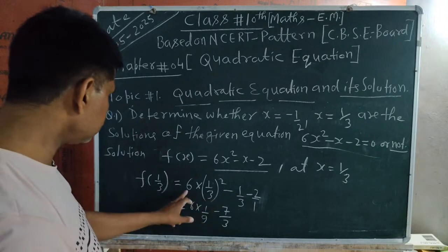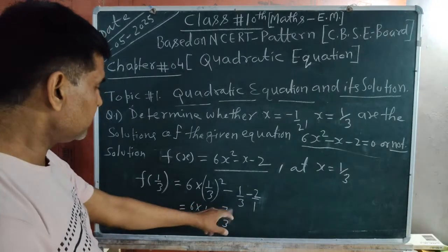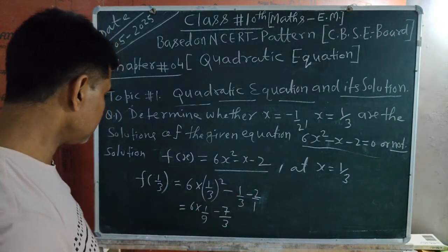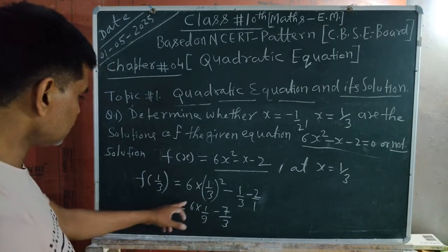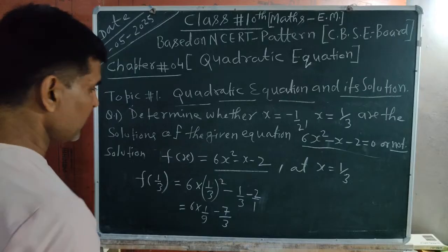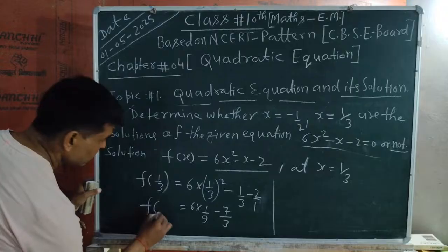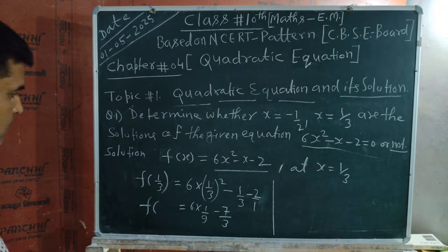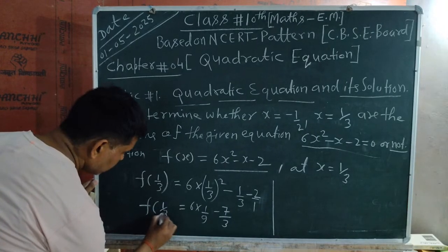So here I am going to put 1 by 3. So 3 to the 6 minus 1, 7 divided by 3, and it will be 2 by 9. So again I am going to evaluate its value. So here I have to write 1 by 3.